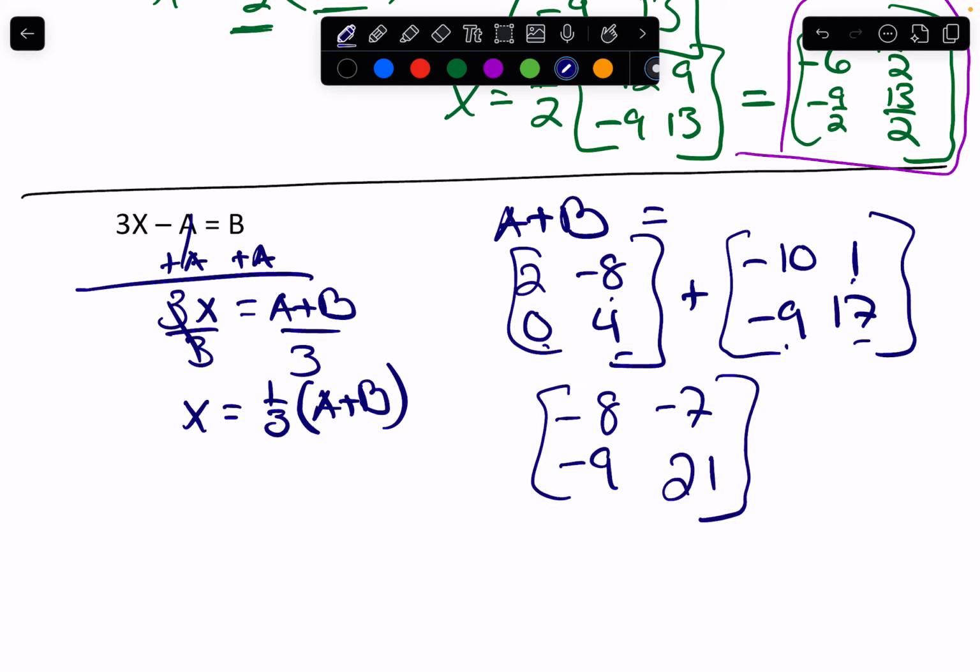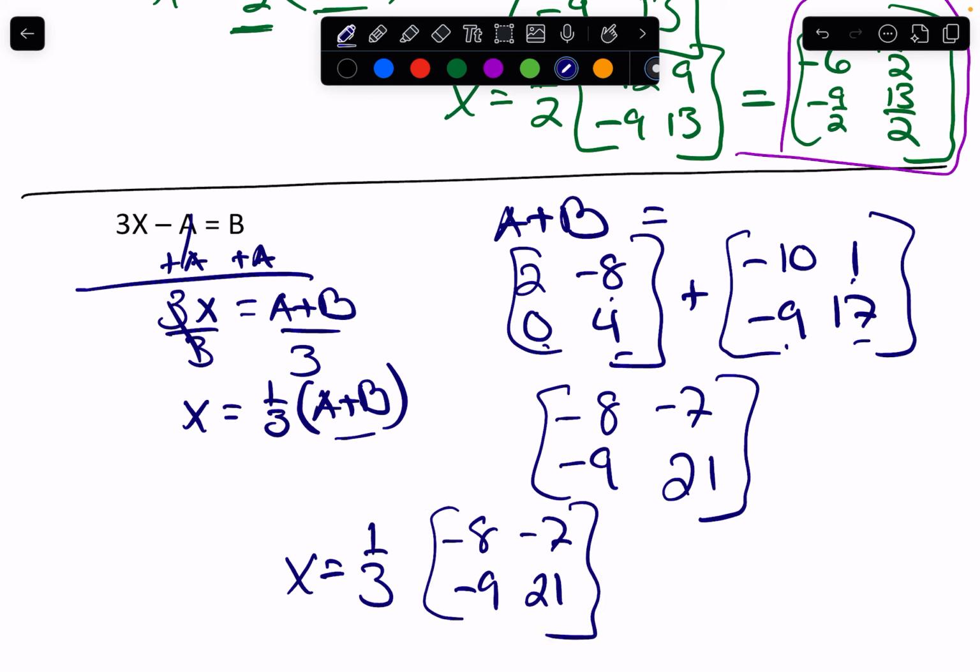Now, this is the A plus B. Now we're going to multiply that by 1/3 to get our x. So we get negative 8/3, negative 7/3, negative 3, and 7. And that is our x here.